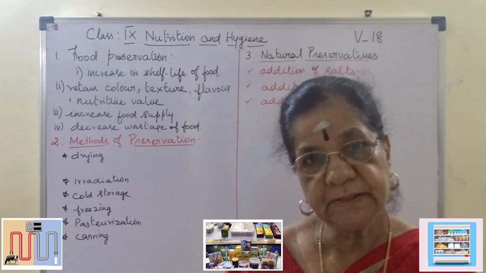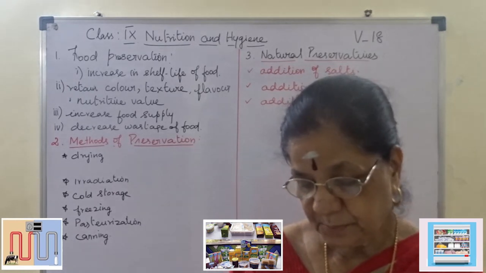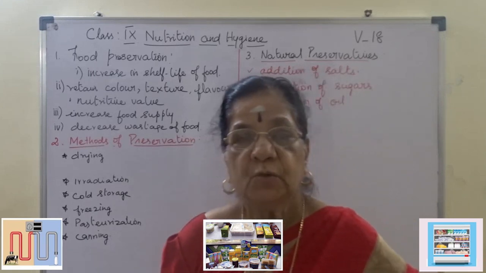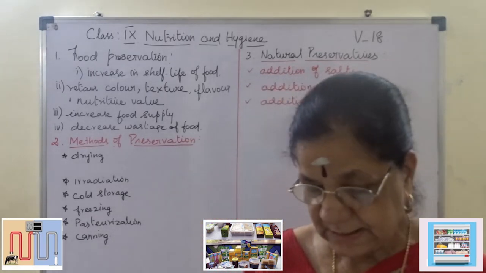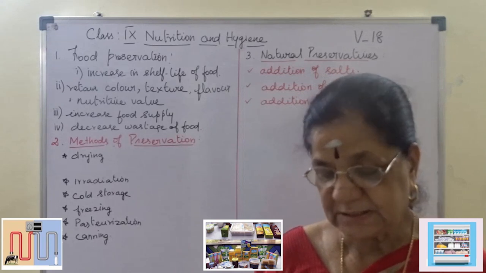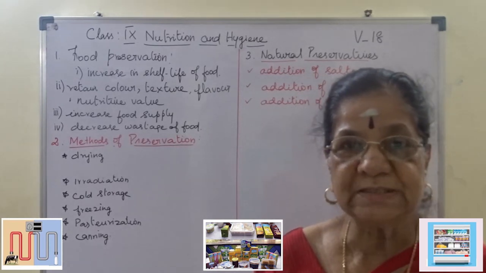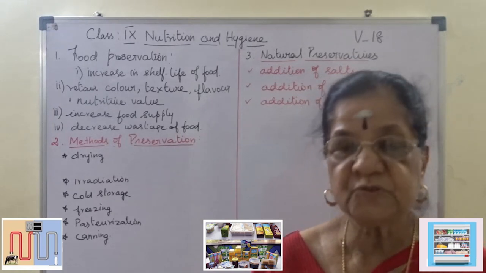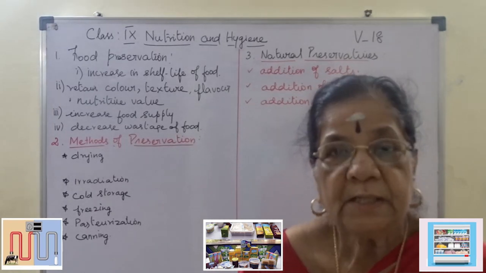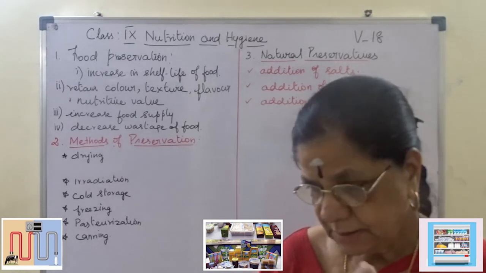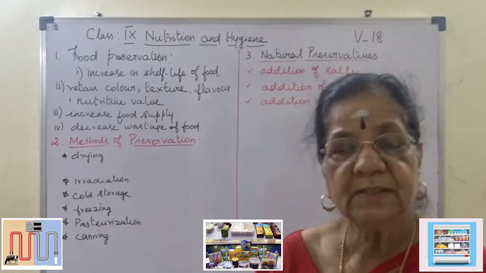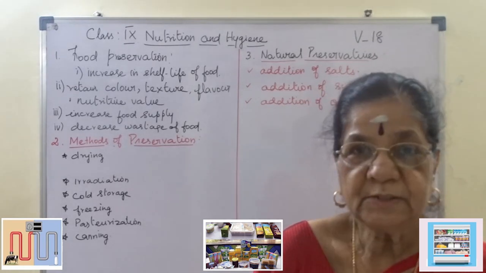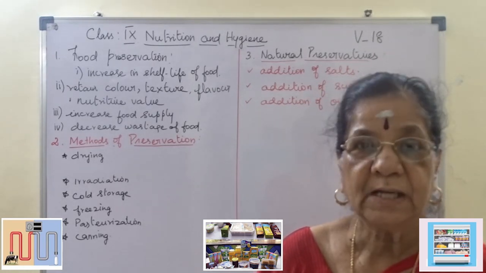Sugar or honey add பண்ணுவா, added as a preservative to increase shelf life of fruits and fruit products such as jam, jelly, squash. The fruit juice squash and the hygroscopic nature of sugar. Hygroscopic nature na, it absorbs water. The sugar கொஞ்சம் நேரம் அப்படி எக்ஸ்போஸ் பண்ணேன்னா அது வந்து தண்ணி ஆயிடும் இல்லையா. ஸோ தி ஹைக்ரோஸ்கோபிக் it will absorb moisture from the atmosphere.